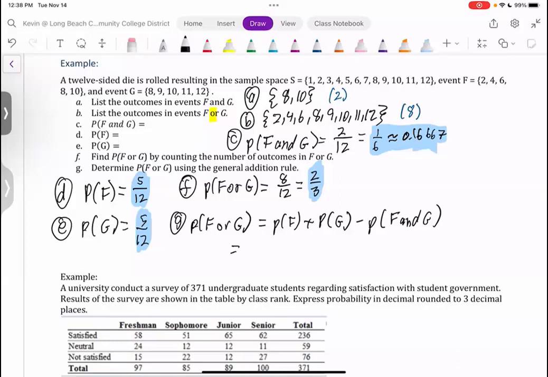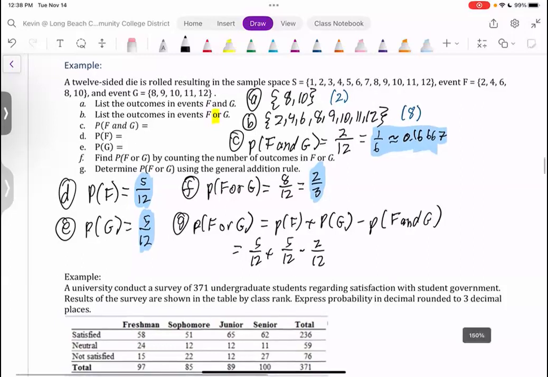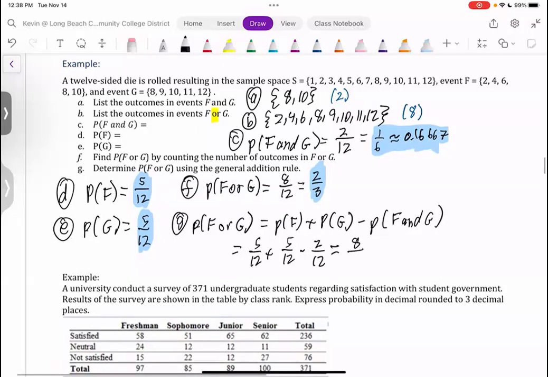So this is going to give us 5 over 12 plus 5 over 12 minus 2 over 12. That's from part C. And that gives us 8 over 12, which again reduces to 2/3, as we would expect.